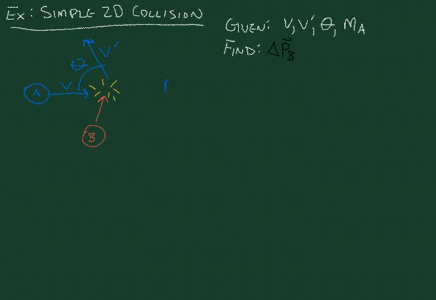We'll set it up so that we have mass A times the final velocity of A minus the initial velocity of A. Okay, and this is our change in momentum of A, which is equal to minus the change in momentum of B. So if we do that, we have mass A. Now this time we're in two dimensions, right?